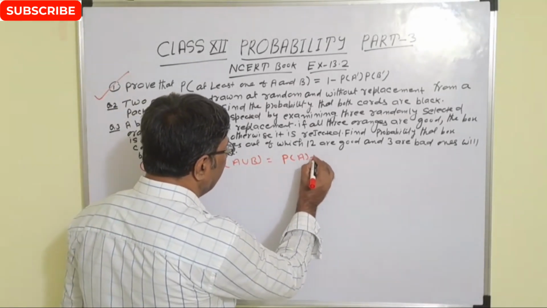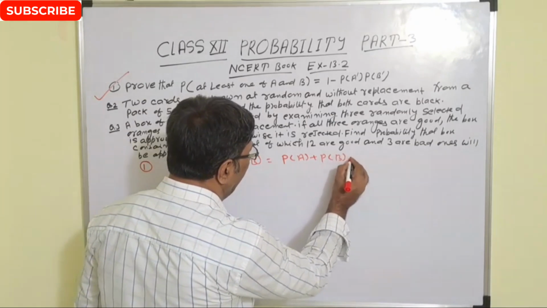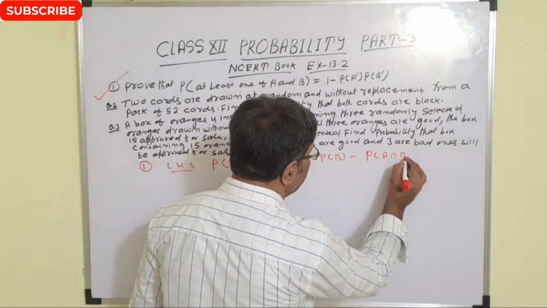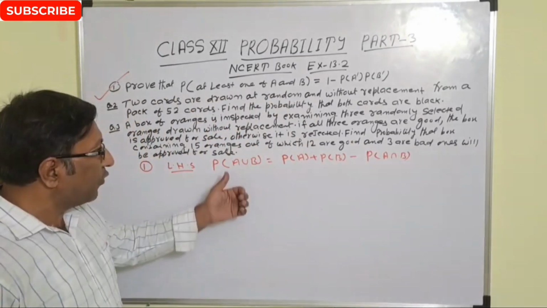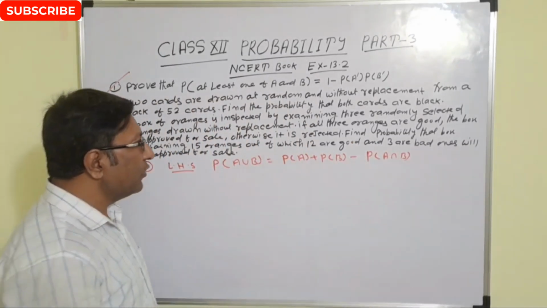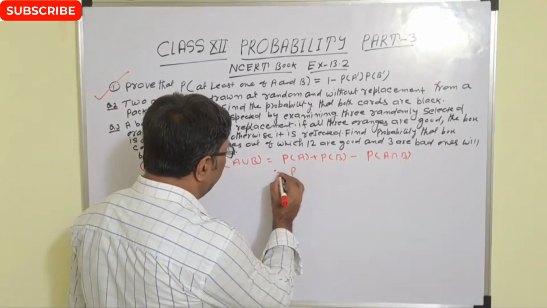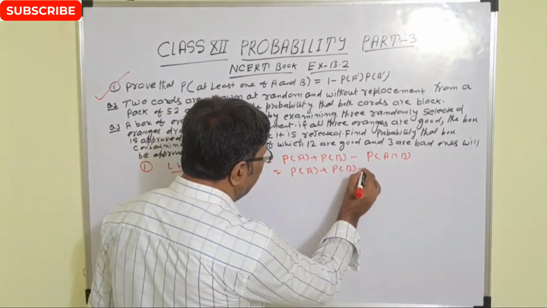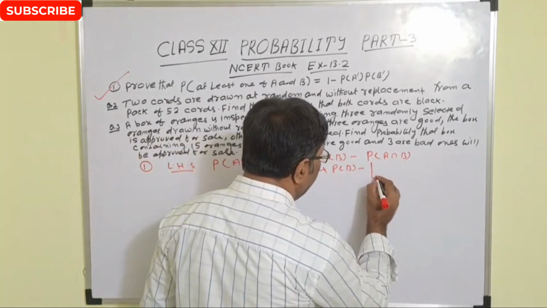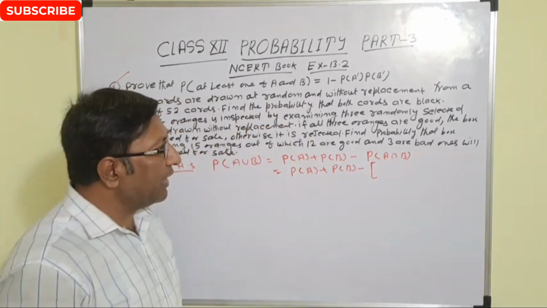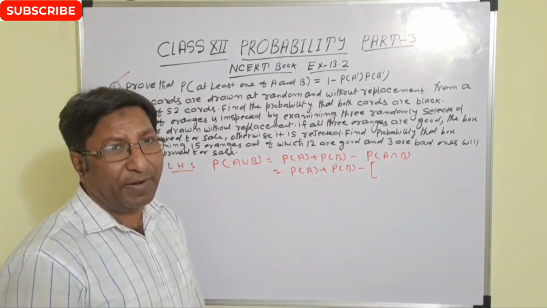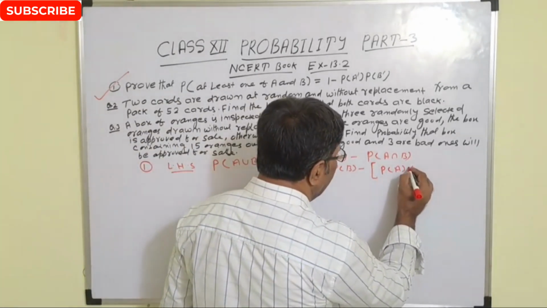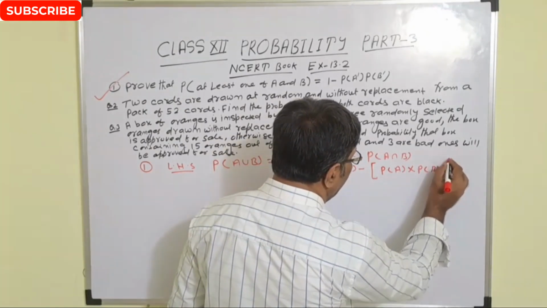Probability of A plus probability of B minus probability of A intersection B. This is the formula of probability of A union B. When A and B are independent events, we can write probability of A intersection B as probability of A multiply probability of B.